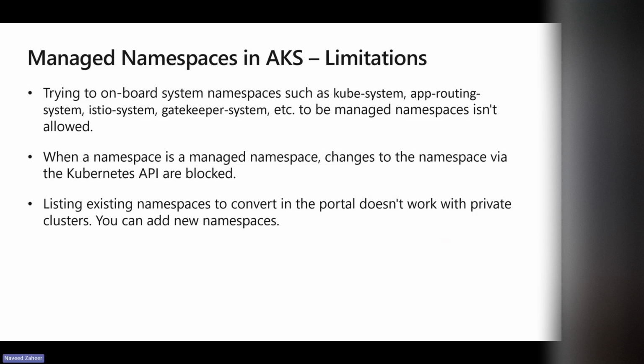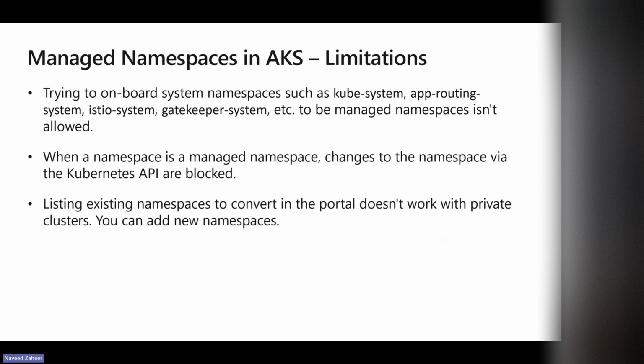And then there are some limitations. First of all, you cannot migrate system namespaces like kube-system, app routing, all of that, to a managed namespace. By the way, you can move an existing namespace to a managed namespace. When you create a managed namespace, or migrate an existing namespace to a managed namespace, you cannot use the Kube API to make changes to it.